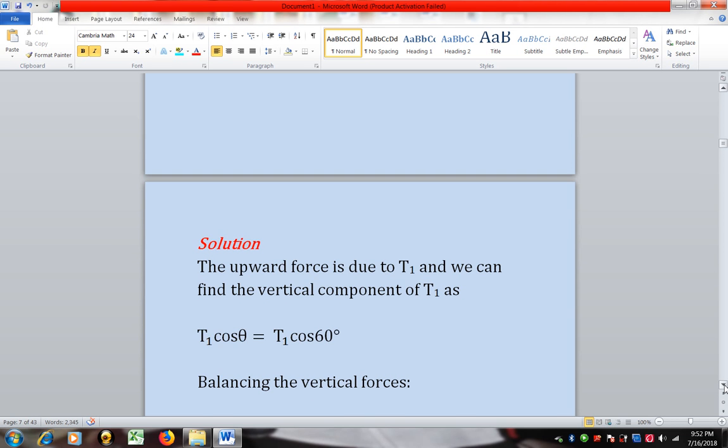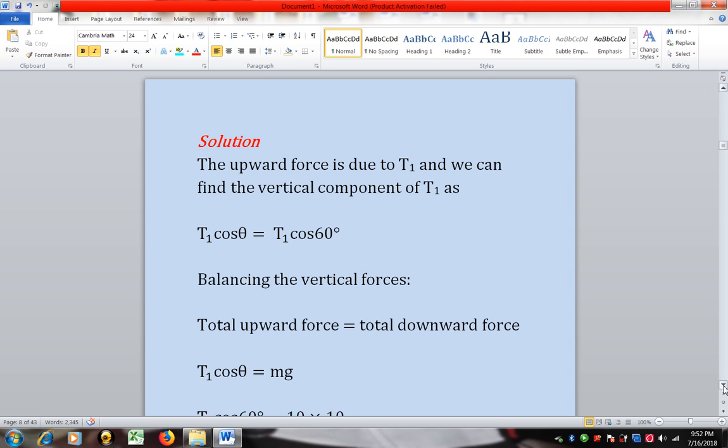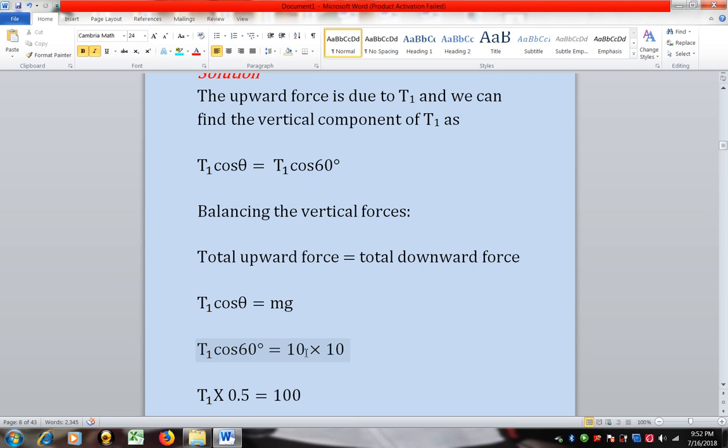Now, to balance the vertical forces, we have that total upward force is equal to total downward force, right? So the upward force is T1 cos theta, which is the vertical component of tension T1, and the downward force is the weight of the body, which is its mass times acceleration due to gravity. So the mass of the body is 10 kilograms, so that's going to be 10 times 10.